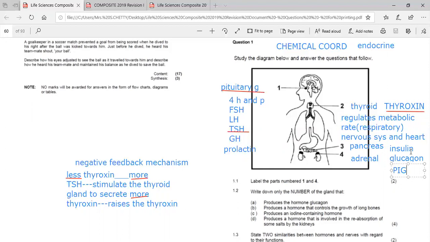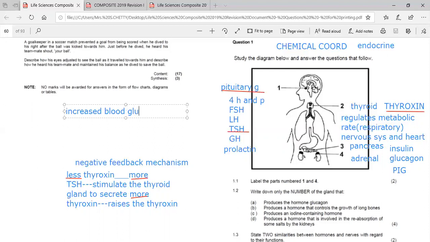So here's your negative feedback mechanism. Let's deal with your negative feedback mechanism with glucose. And you find that when you have your blood glucose levels high, so increased blood glucose levels, and I like to repeat, normally after a meal rich in carbohydrates.